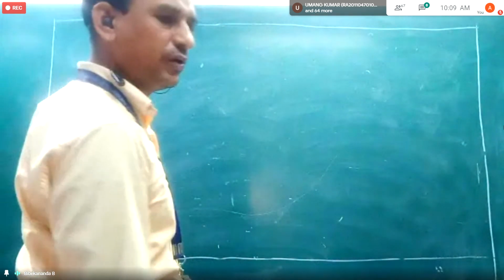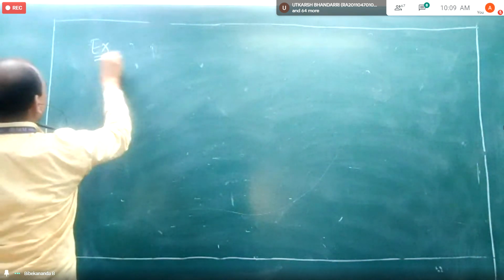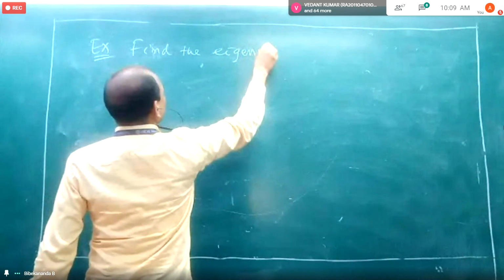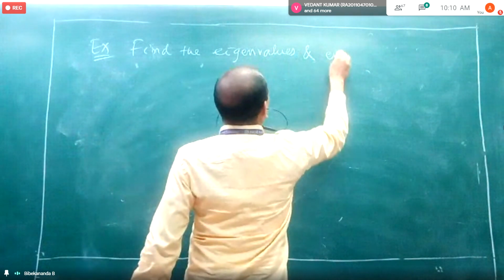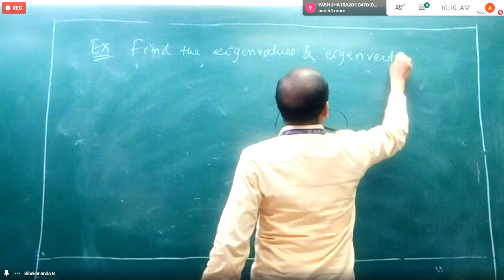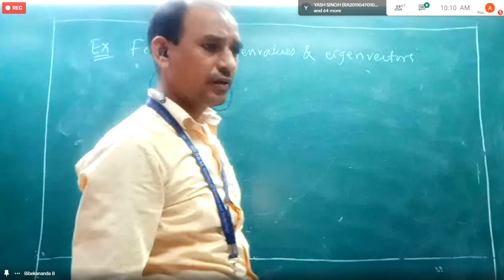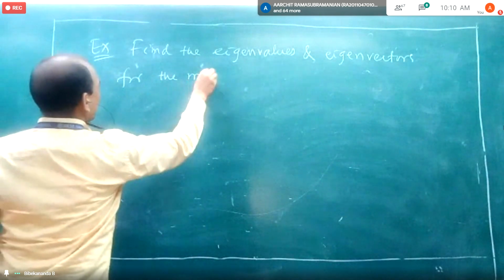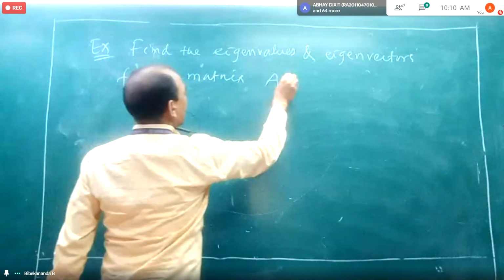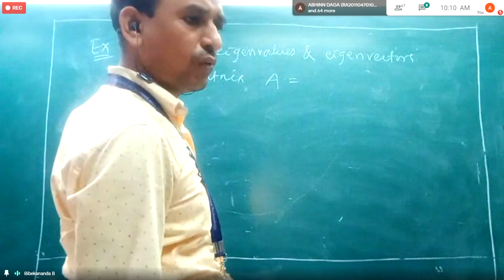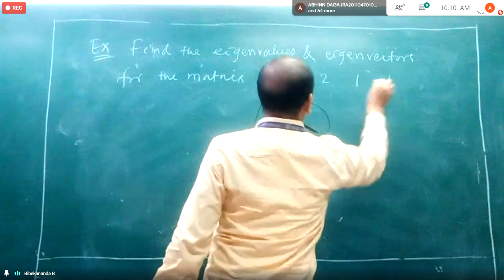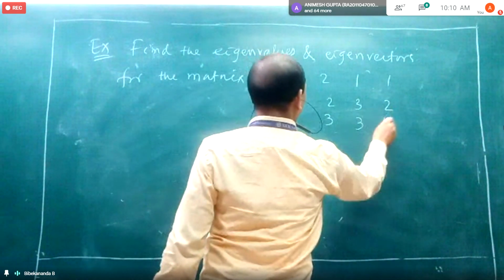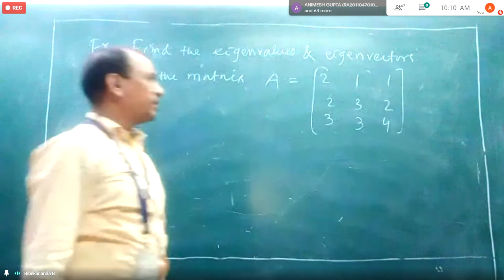Find the eigenvalues and eigenvectors for the matrix A equal to [2 1 1; 2 3 2; 3 3 4]. Okay, this is the matrix.